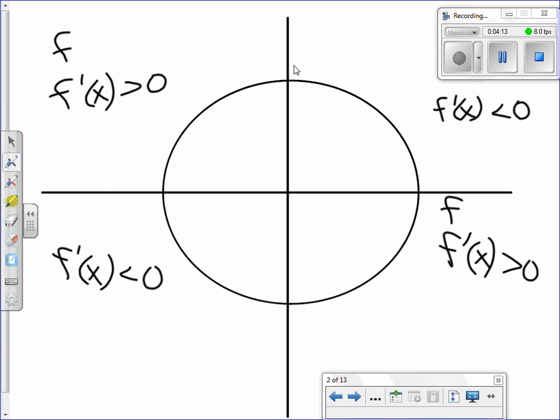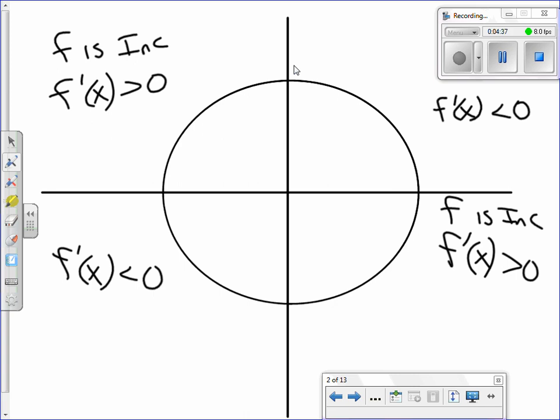There you go. That's good. So the function is increasing wherever the first derivative is positive. And if I tell you I've got some graph whose derivative is positive, you know the function itself is increasing. If you know one, you know the other.